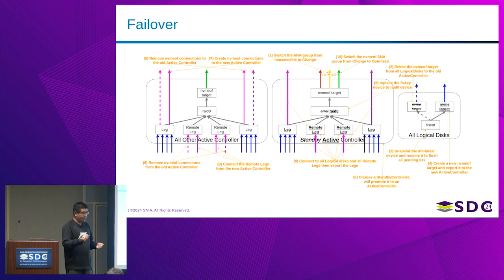So if the host issues an I/O to a controller, it will wait for 10 seconds, and if there is no response, the host will believe the I/O failed. But when we change the multipath status from inaccessible to change, the host will try to send I/O to this controller and set a shorter timeout.